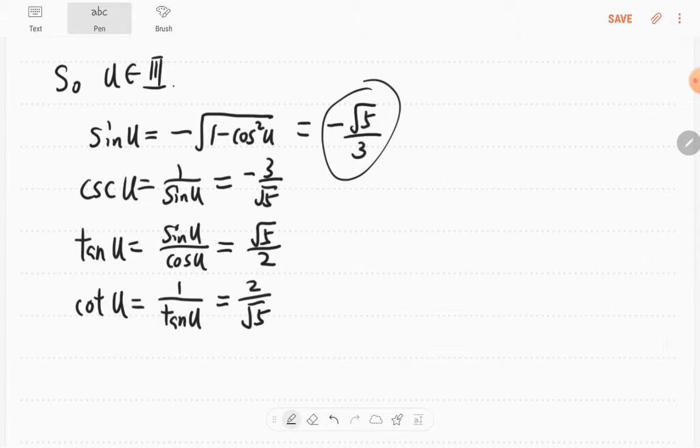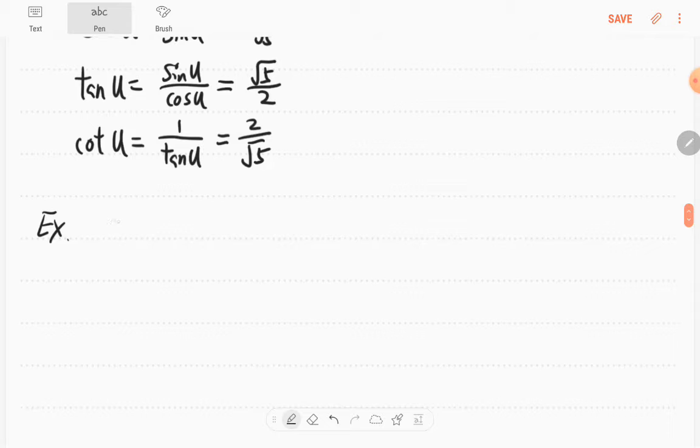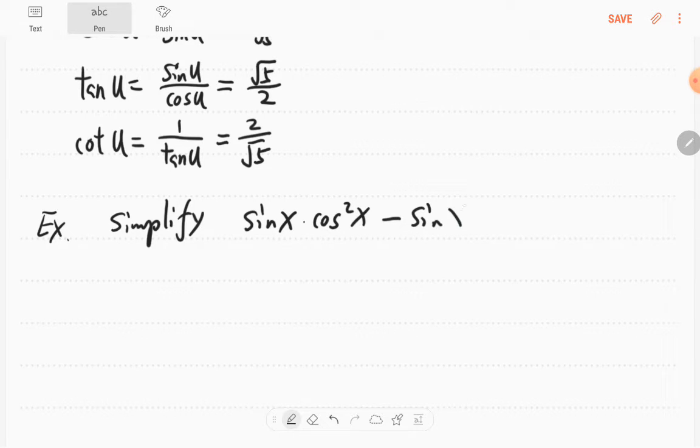Now let's look at another example. We want to simplify the following: sine x times cosine square x minus sine x.